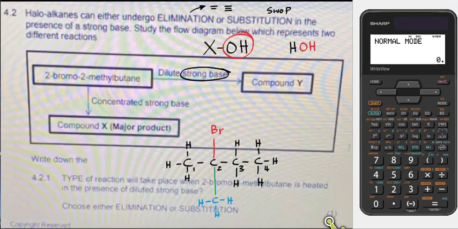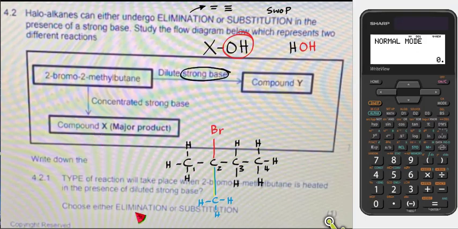All right, but let me not go further here, because they'll ask you the type of reaction that takes place when 2-bromo-2-methylbutane is heated in the presence of diluted strong base. They want diluted here. Maybe they can ask you with a strong one.